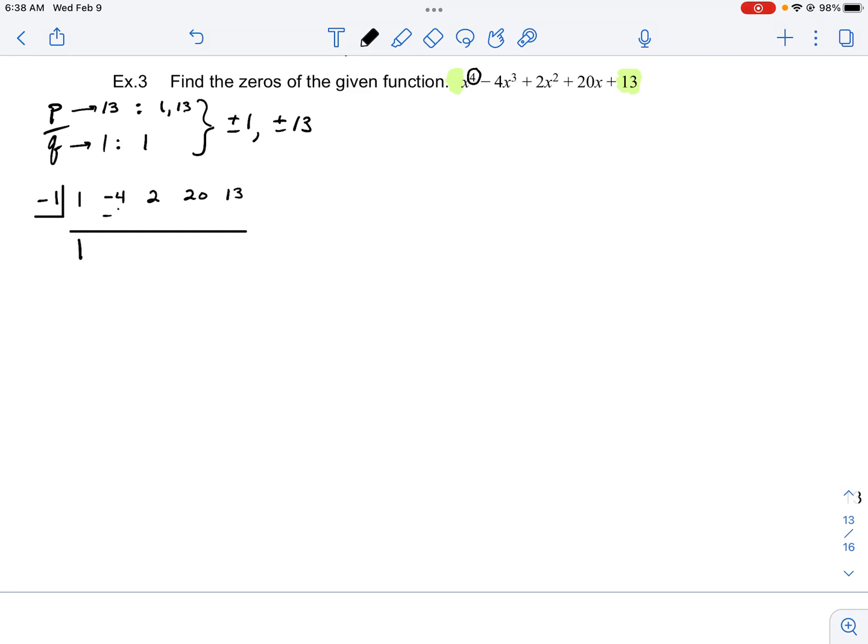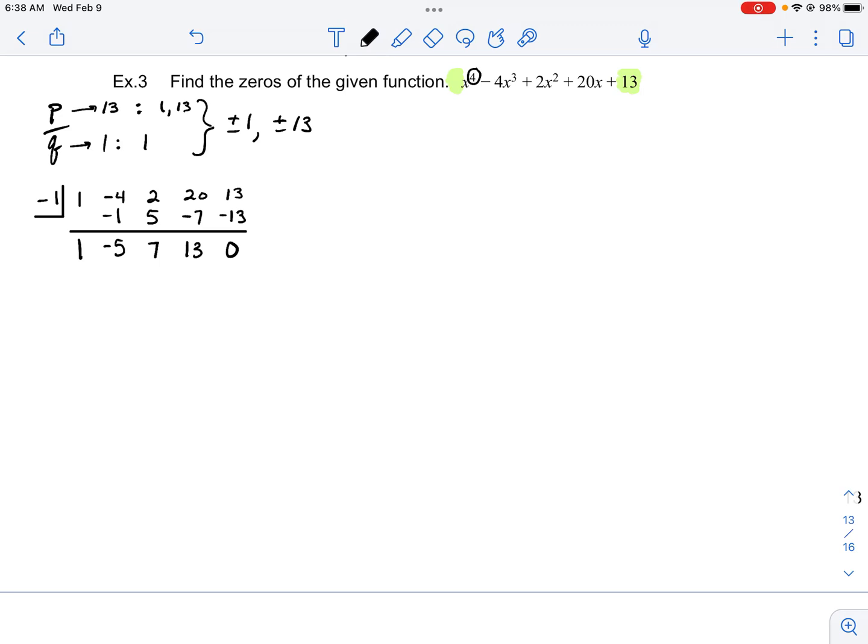So I'll run through my process of synthetic division. Seems like it's shaping up nicely here. And then negative 1 times 13 is negative 13, and I get the 0 at the end. That's really what we're ultimately looking for.